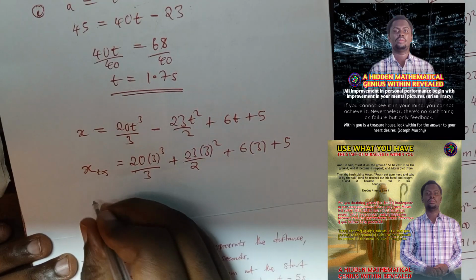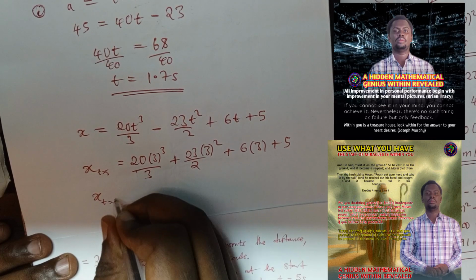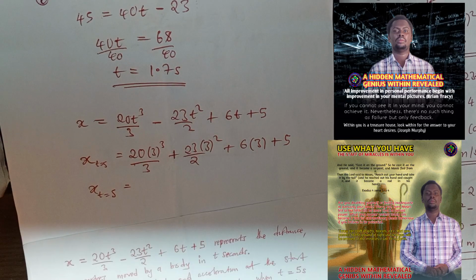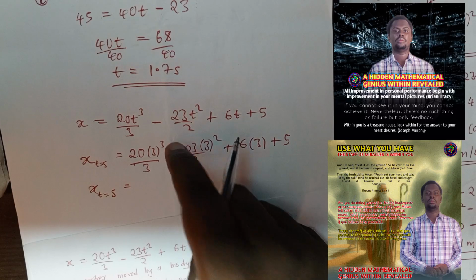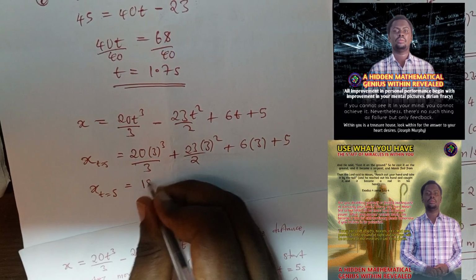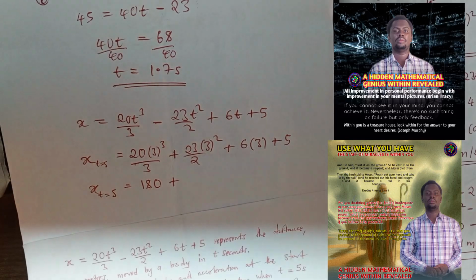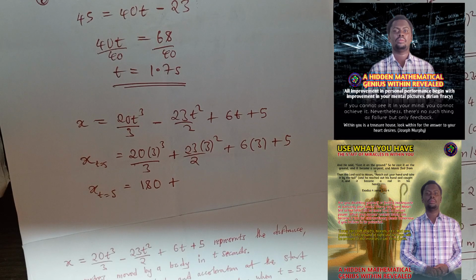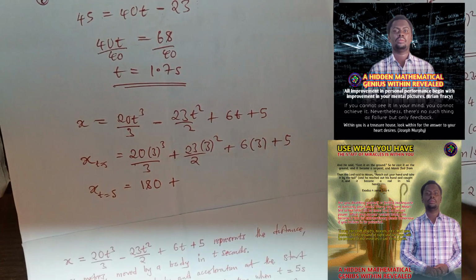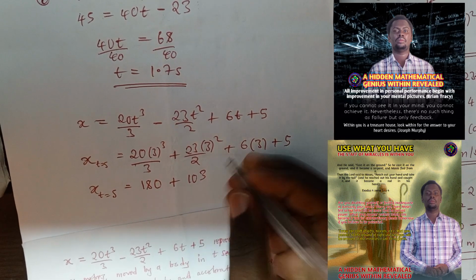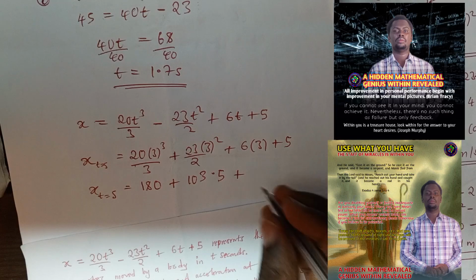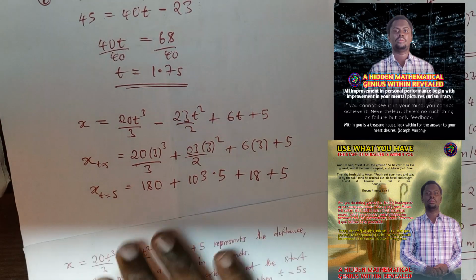Okay, so we have x at t is equal to 3 is equal to, so 3 cubed is 27, 3 into 27 is 9, times 20, you get 180, minus 3 squared is 9 times 23, you get 207, divided by 2, you get 103.5, plus 3 times 6 is 18, then plus 5.